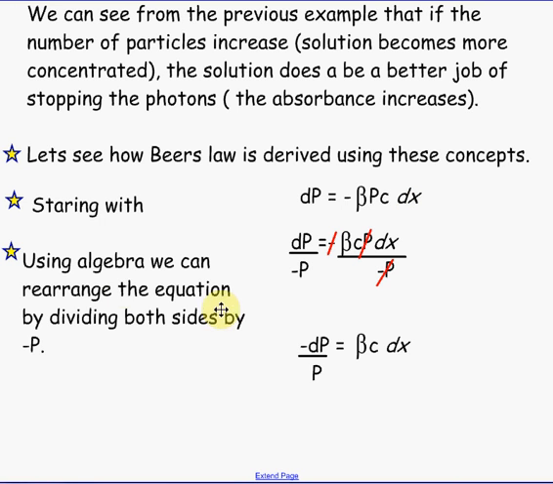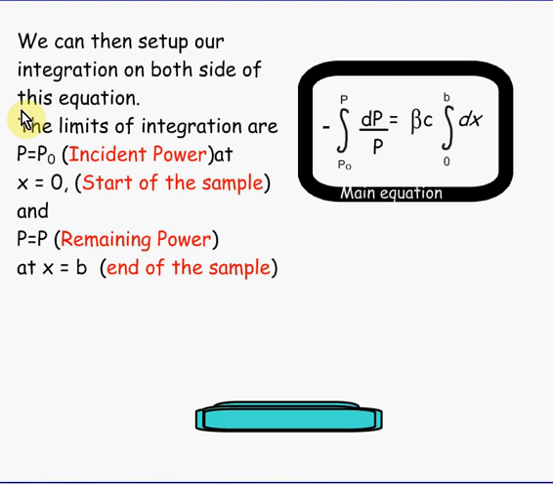Using some algebra, we can rearrange our equation by dividing by negative P on both sides, and so we end up with this equation. dP over negative P is equal to the constant of proportionality times the concentration dx. So this is the equation that we will be doing our integration from.